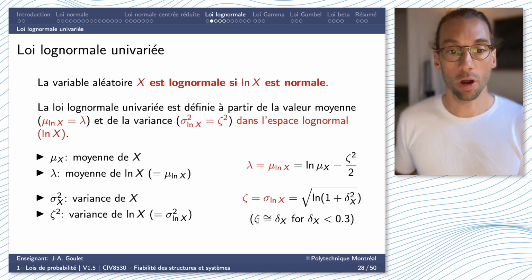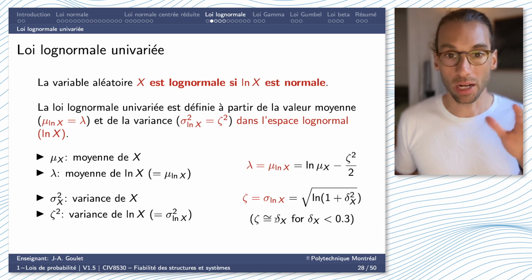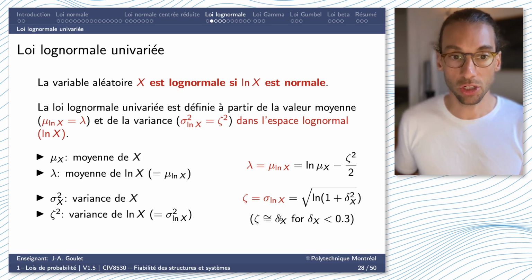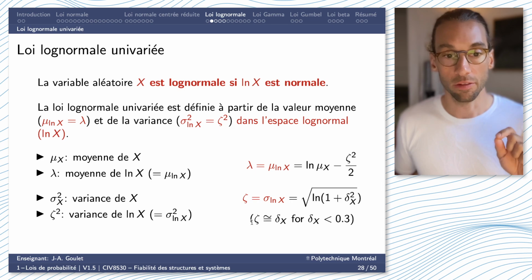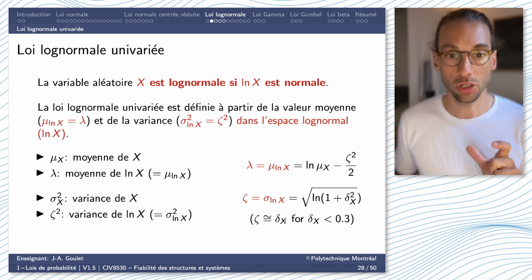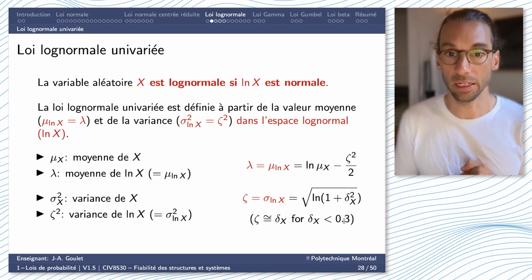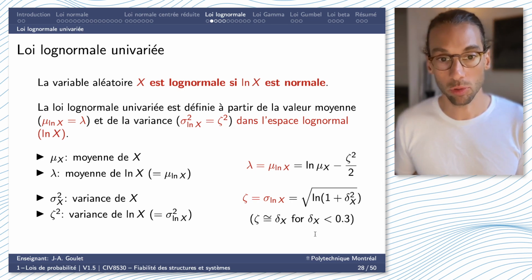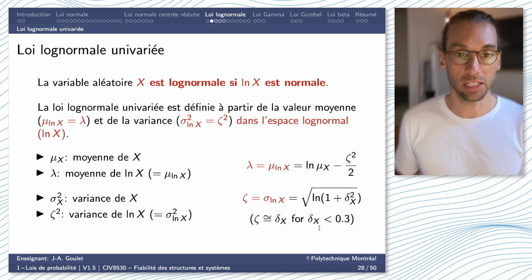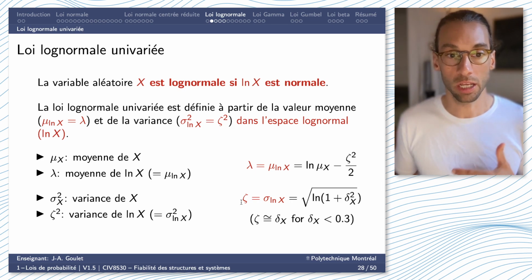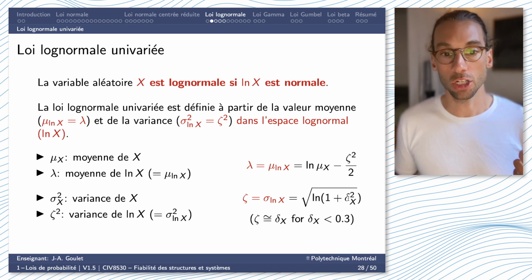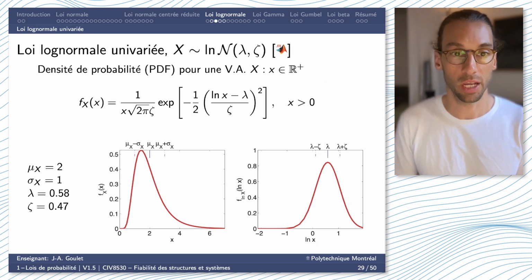Zeta is approximately equal to the coefficient of variation if the coefficient of variation is less than 0.3. Typically this is something we're going to have in reliability analysis, so we're going to have this hypothesis satisfied, and you're going to end up with zeta parameters that are not too far from your coefficient of variation.